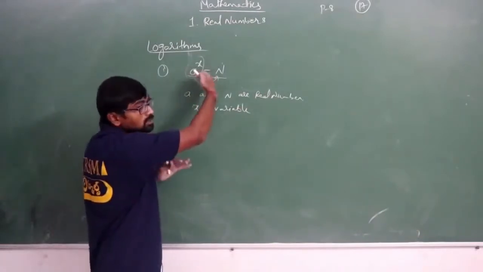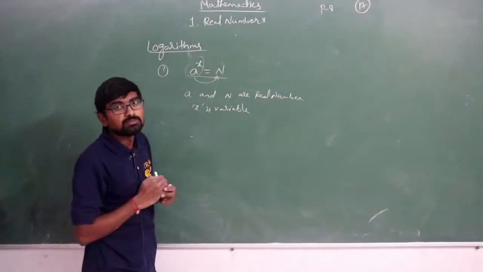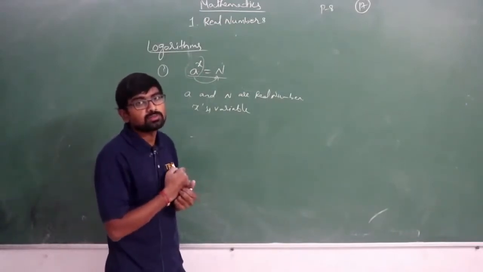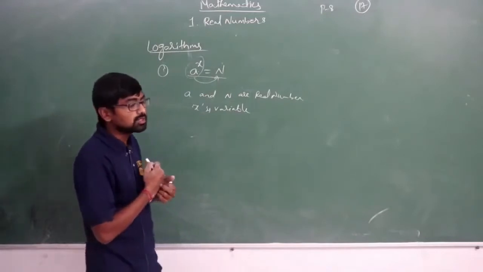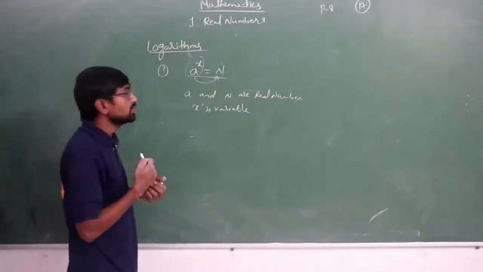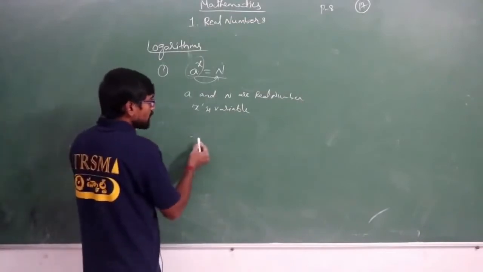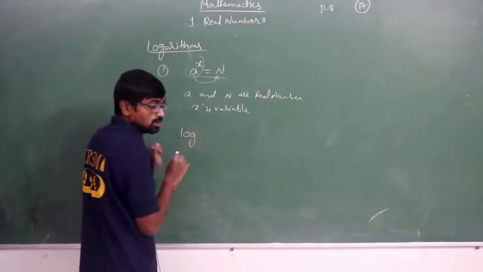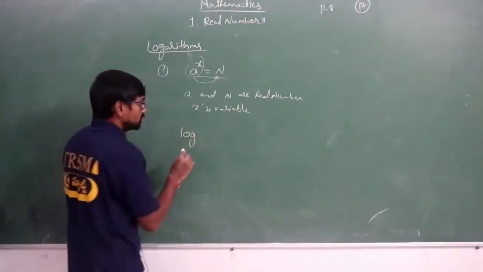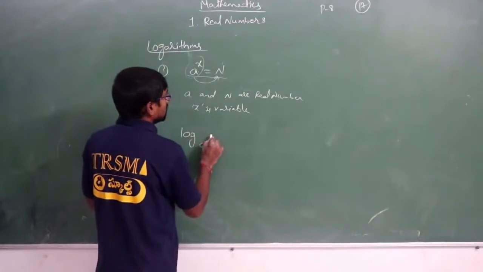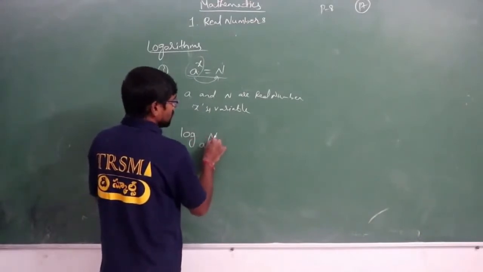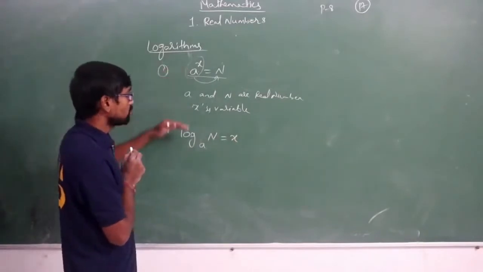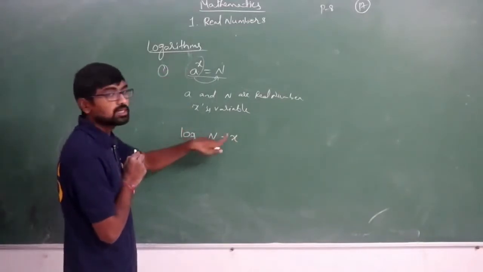You will be converting these into logarithmic form. How will you do it? It is very easy. So you can write this in the form of log, that is log base a of n equals x.